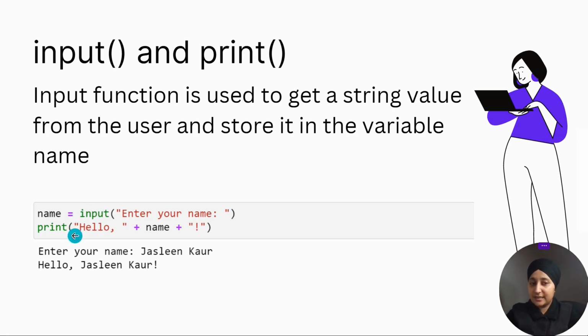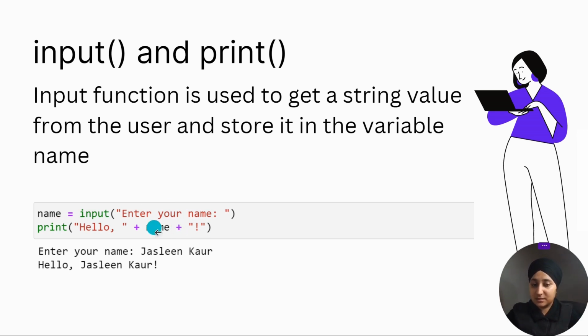And in the second line of code, you can see there is a print statement that is printing hello, then separated by a comma. This is in the quotes. Then we are using plus, then name. Name is the variable that contains the input, whatever we are going to provide to the computer as a user.